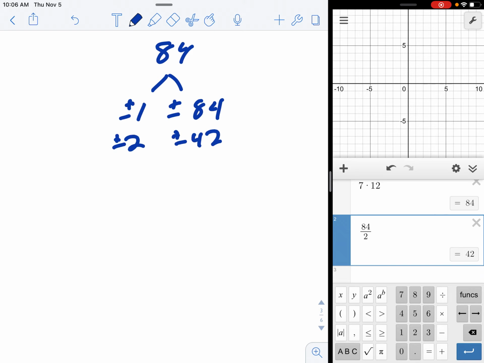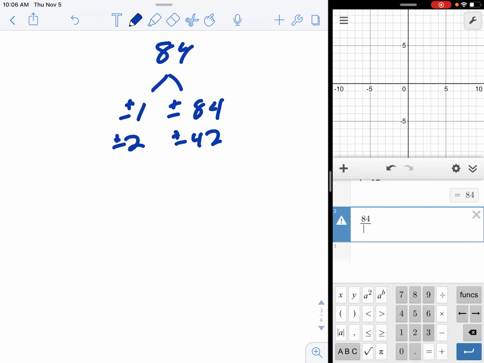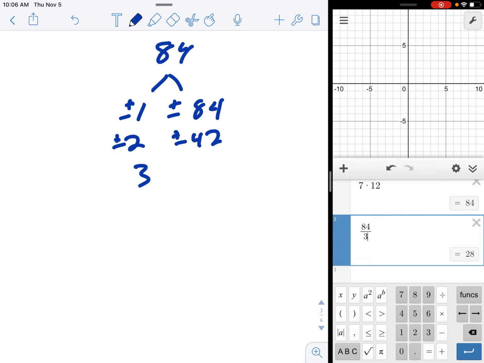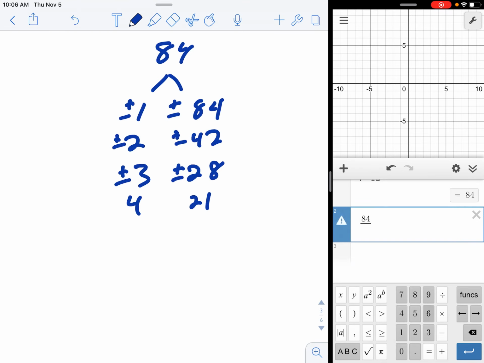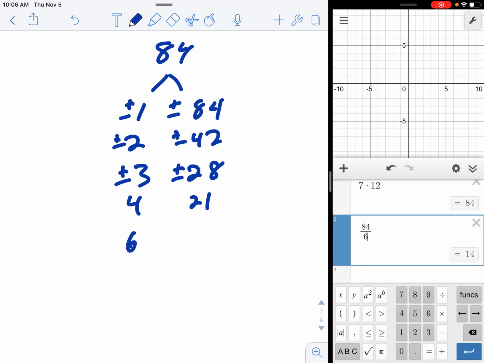Can I divide 84 by 3? Yeah, 3 times 28. See, that's not something I would have just known in my head. I got to use a calculator. Can I divide this by 4? Yep, 4 and 21. I know I can't divide by 5 because it doesn't end in a 0. What about 6? Yeah, 6 times 14.